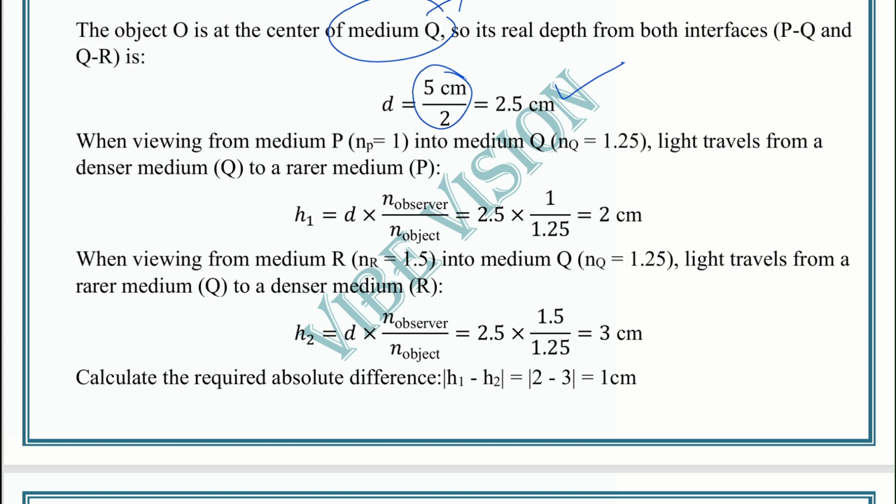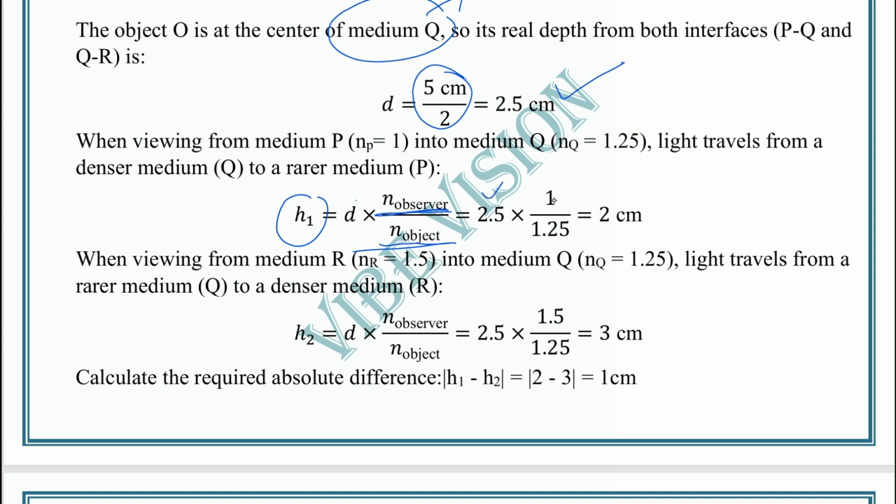Light travels from the denser to the rarer medium. So H1 is D, the actual depth, times the refractive index of the observer divided by the refractive index of the object, that is, in which medium the object is placed and in which medium the observer is. We know the actual depth is 2.5 centimeter.